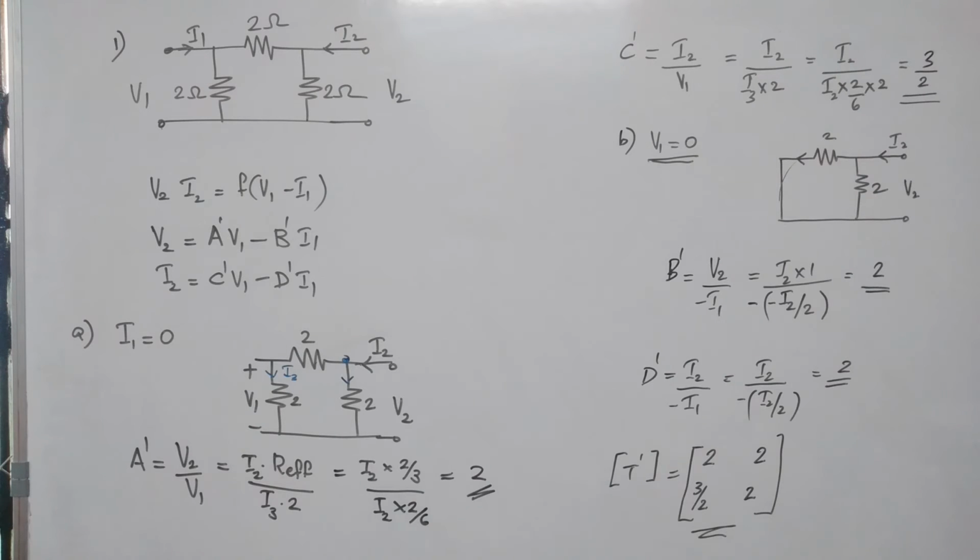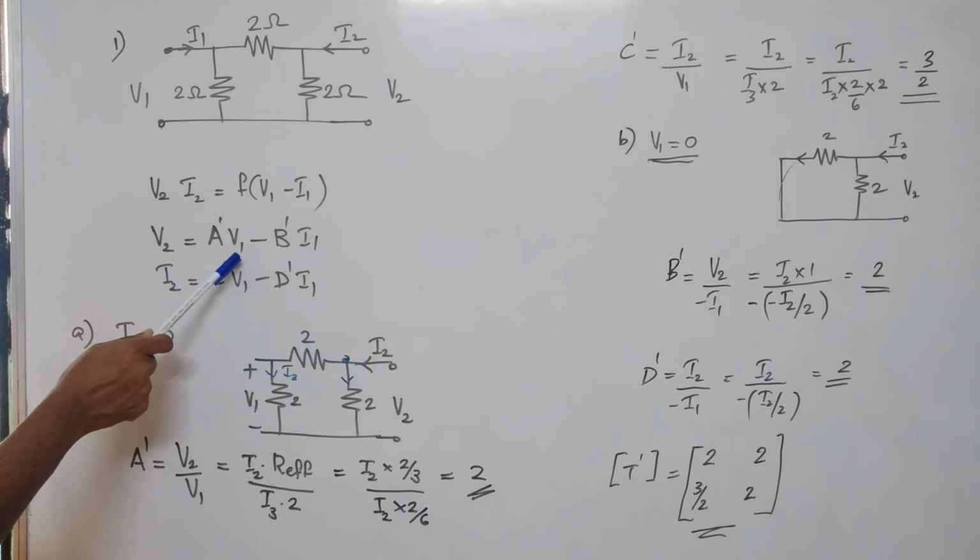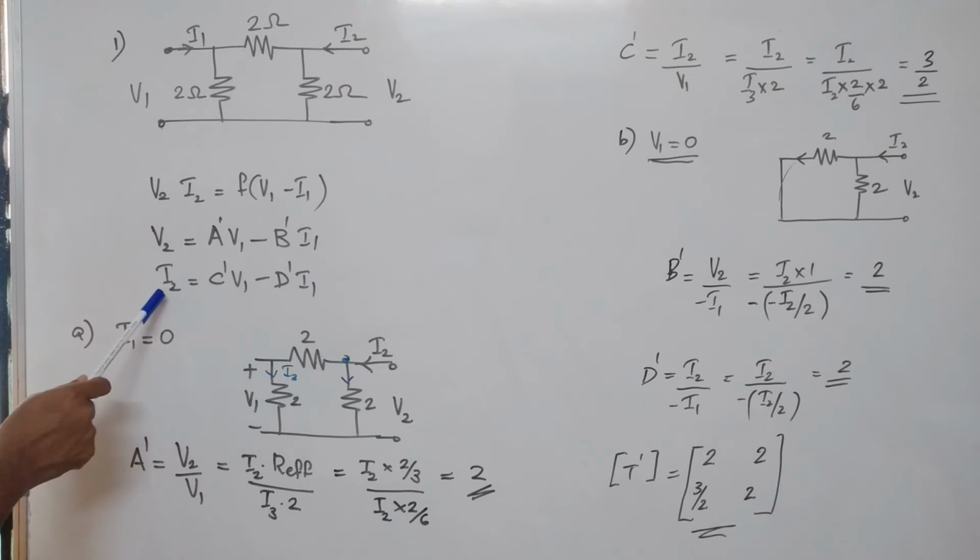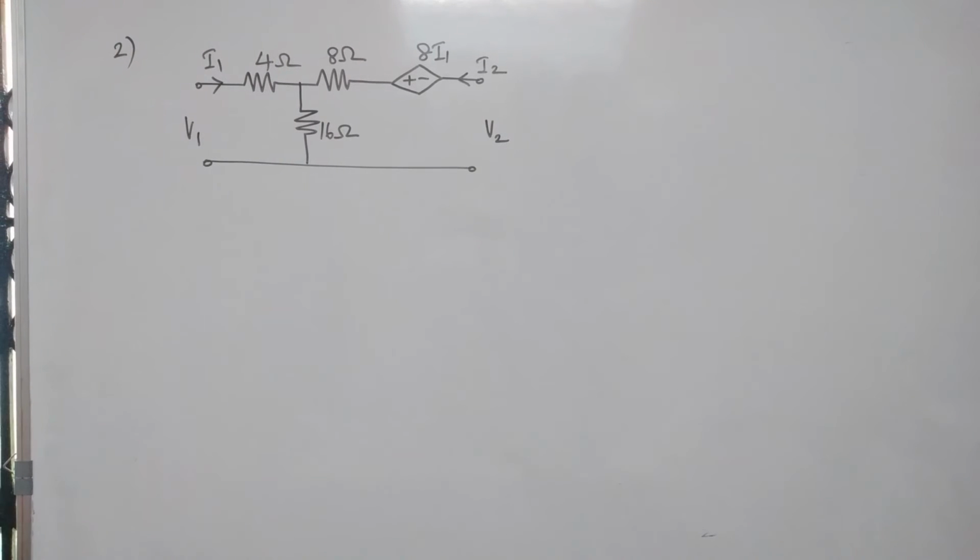Now the same problem we can do by writing the mesh equations and rearranging it to get in this form. Writing V1 and V2 in terms of V1, I1 and I2 in terms of V1, I1, we'll get the same answer. Find transmission parameters for the circuit shown.